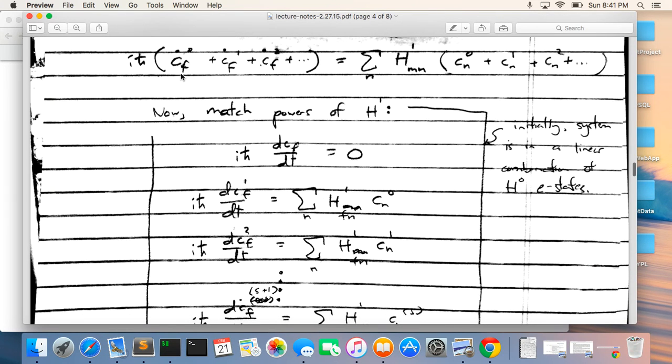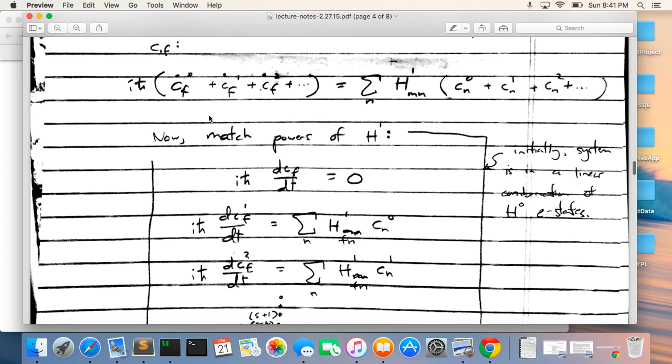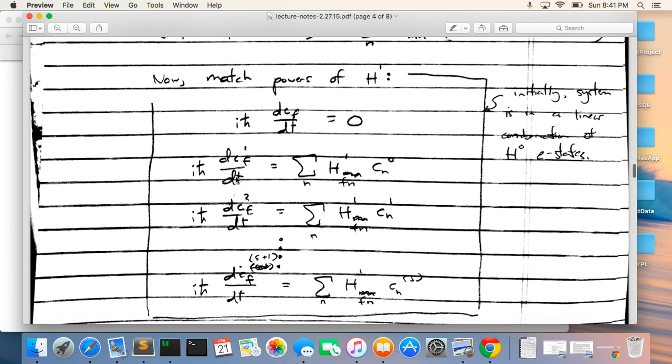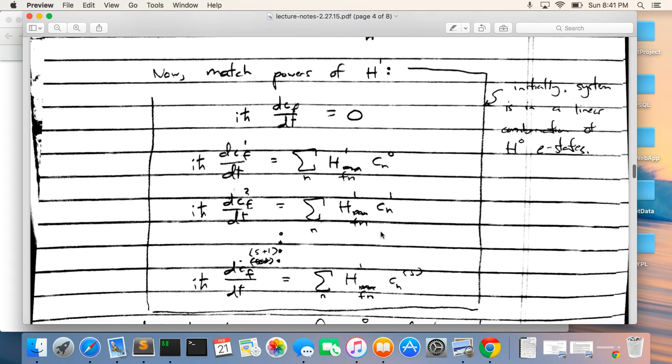And then I can go on and match the first order term. So the first order term would be this guy on the left-hand side, and this guy on the right-hand side. So it'd be the 0th order coefficient multiplying the H1. Right, and you can see that what happens is you can basically start to bootstrap your way up. So we start at 0th order, plug in 0th order here, we can solve for the first order, and so on and so forth.